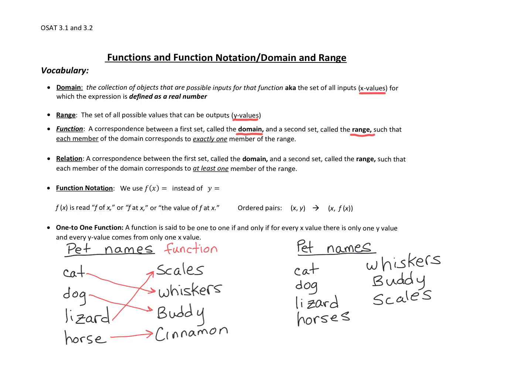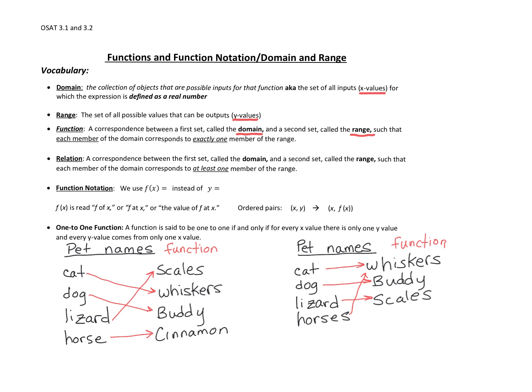If, on the other hand, we had a cat named Whiskers, a dog named Buddy, a lizard named Scales, and a horse named Whiskers, this would still be a function because every pet has only one name.